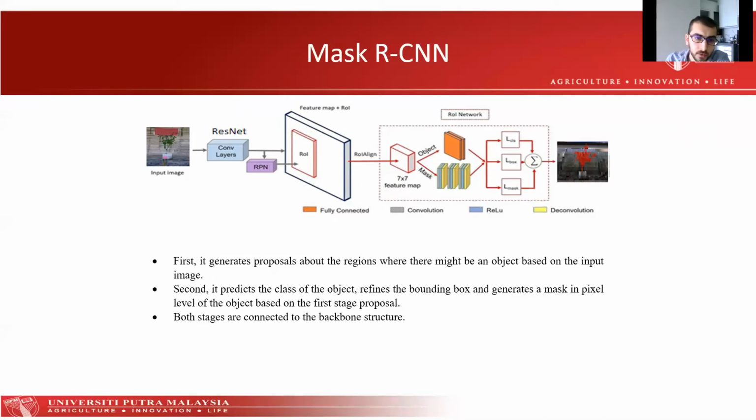The first stage generates a proposal about regions where there might be an object based on the input image. The second stage predicts the classes of objects, refines the bounding boxes, and generates masks at the pixel level of objects based on the first stage proposal.